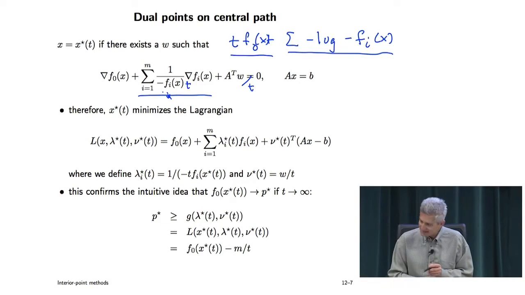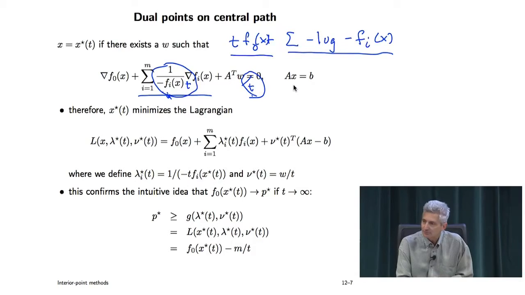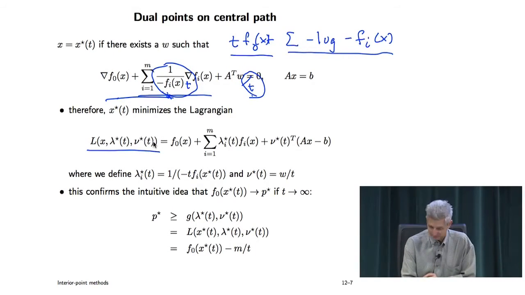Because look at this. It says that if we take these numbers here to be the lambdas, and we take this to be nu here, then this thing reads grad f0 plus the sum of lambda_i grad f_i plus A transpose nu equals 0. But this first term is exactly the gradient of the Lagrangian with respect to x. So that's what it says.